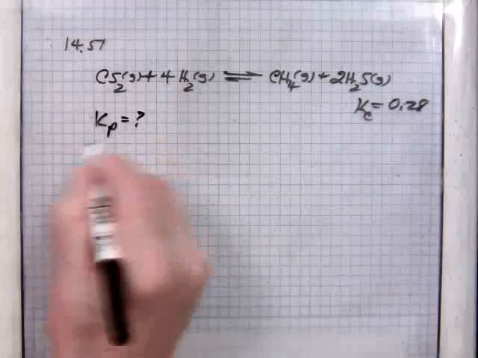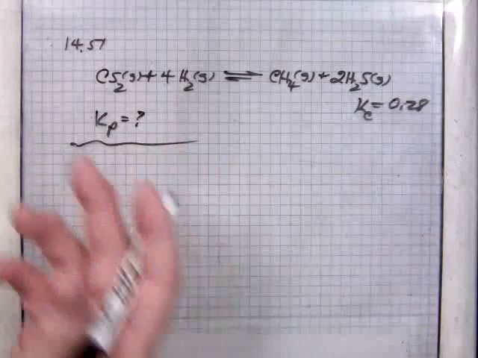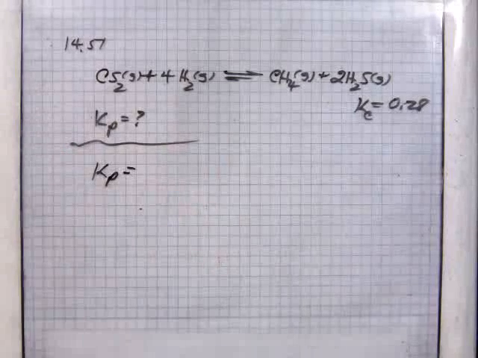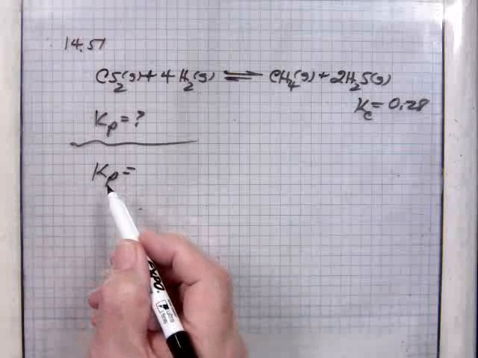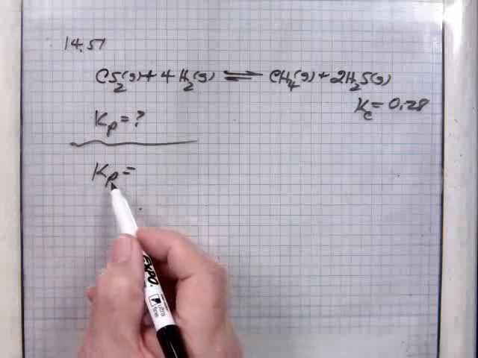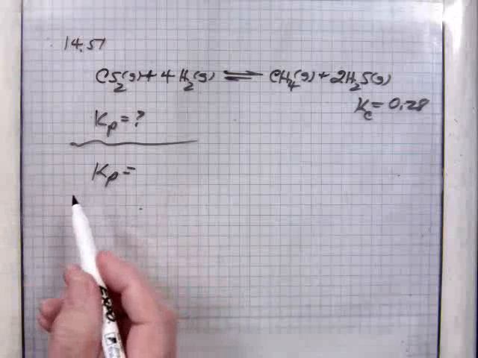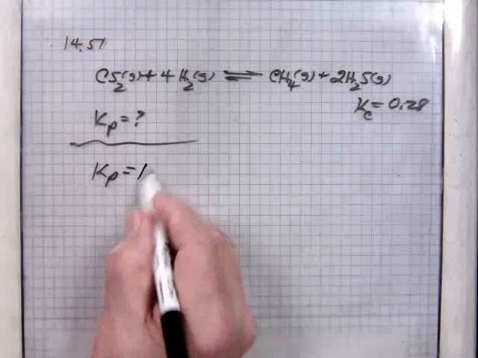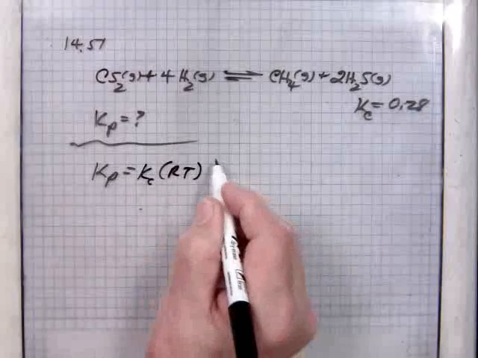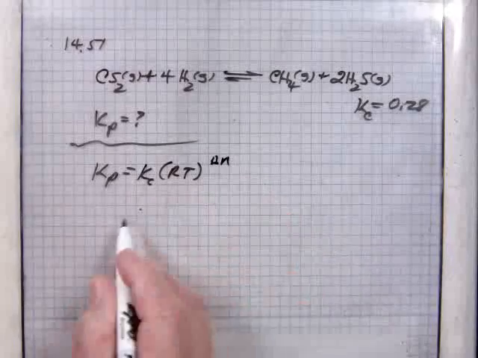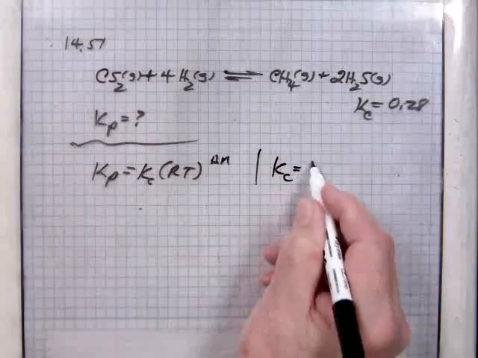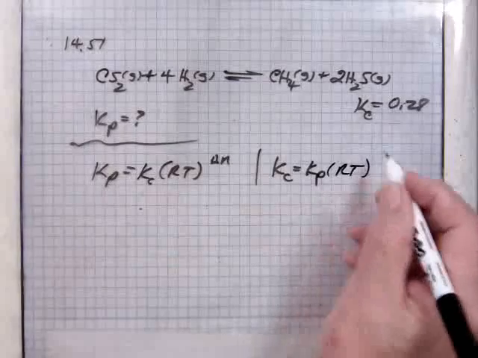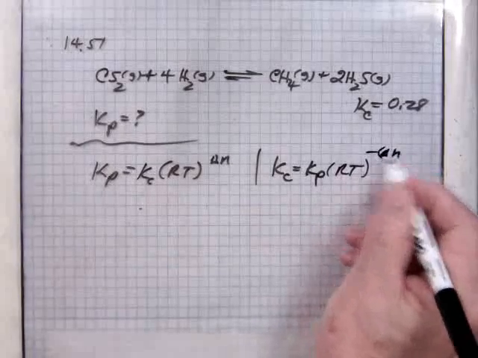Kp is unknown here. Well, the expression for Kp, as I've shown you, is the positive value of delta N. I used to think of it to keep them separated, like if I had a Kc and Kp and I needed to be sure about the expressions, P is positive. So that means when I write this, Kc RT, I'm going to use a positive delta N. If I use a Kc equals Kp, that's not a P out there in front, so RT minus delta N is what I would use.